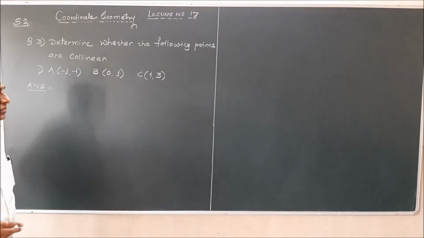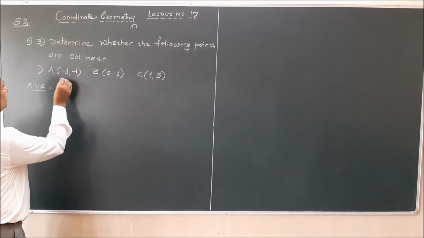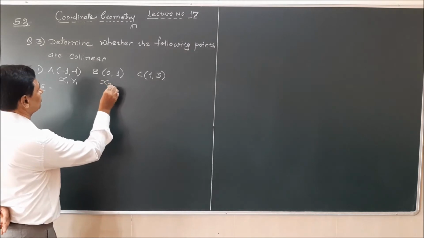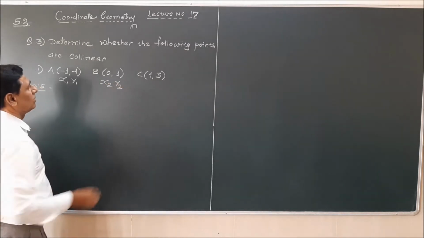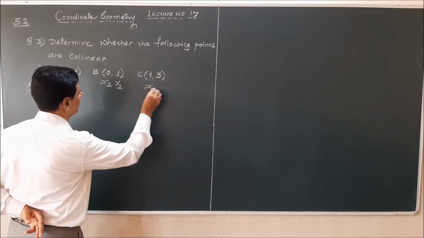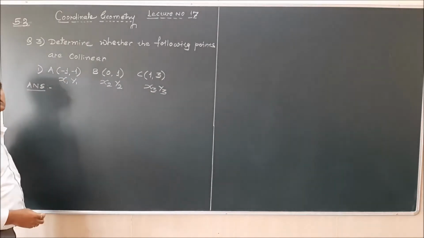So let's see here. I will first find out slope of AB. I label A as x1, y1, B as x2, y2, and C as x3, y3.